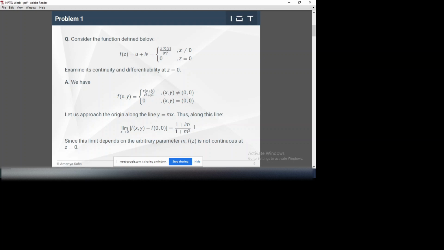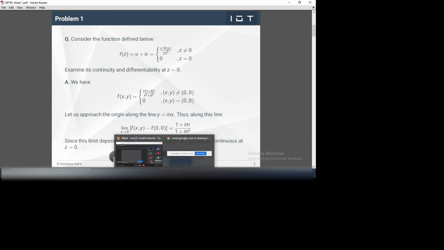That immediately rules out any possibility of the continuity of this function f(z). So in conclusion, f(z) is not continuous at z equals 0. But you can examine that at any other point f(z) is continuous using this epsilon delta method or any other method.